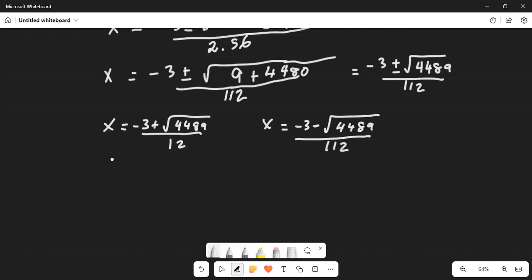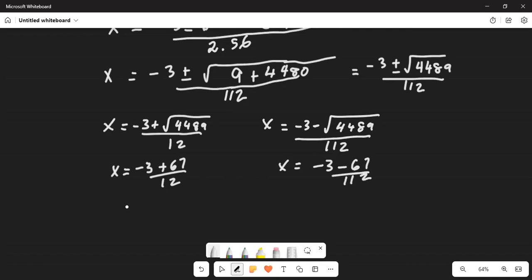Now we have to use the calculator. The square root of 4489 is 67. So minus 3 plus 67 divided by 112, and the other one is x equal to minus 3 minus 67 divided by 112.